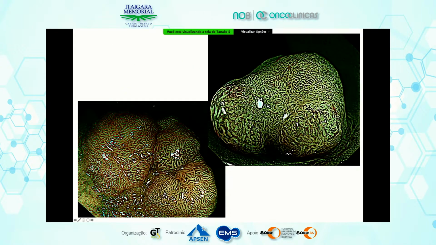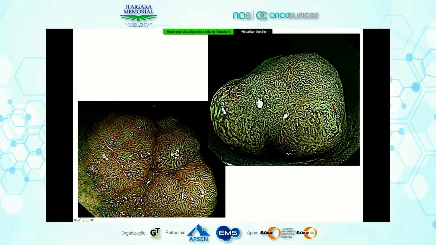Please compare. This is the image of this region. This is the image I previously showed you as a typical JNET type 2A classification.